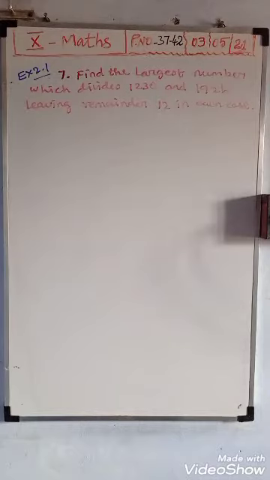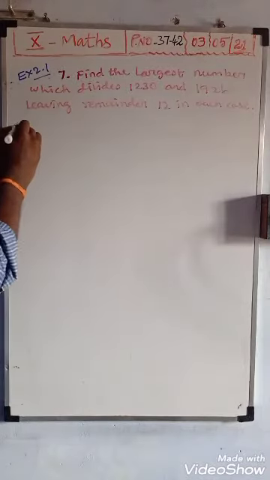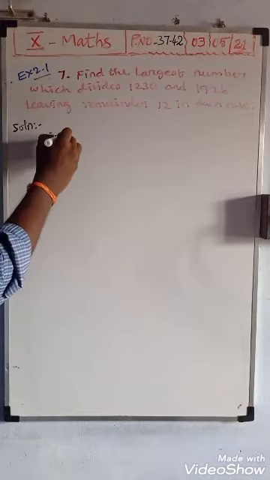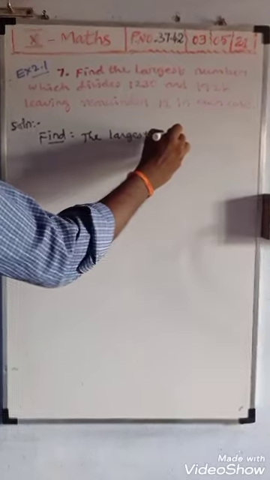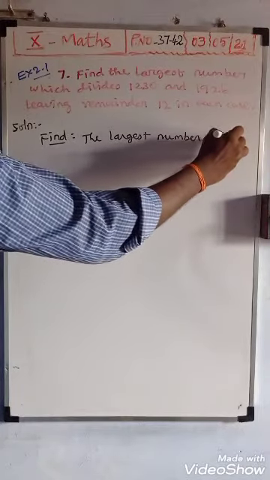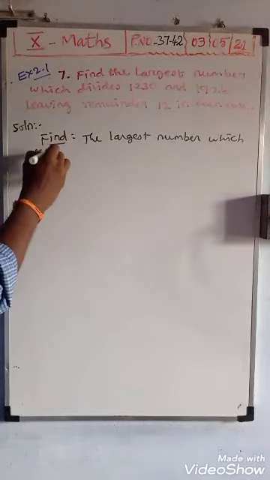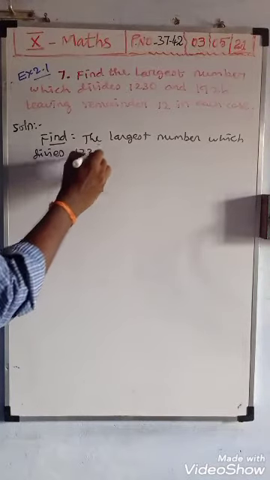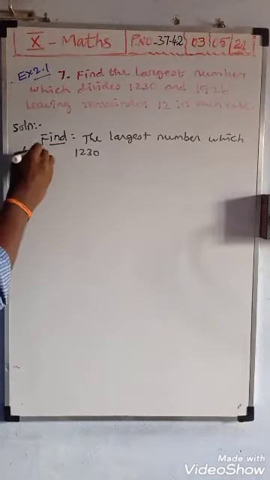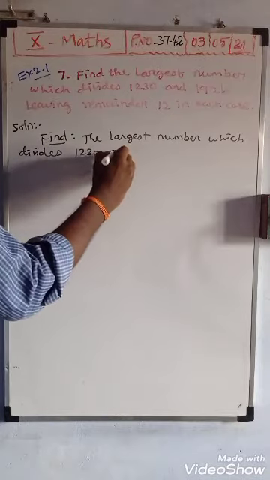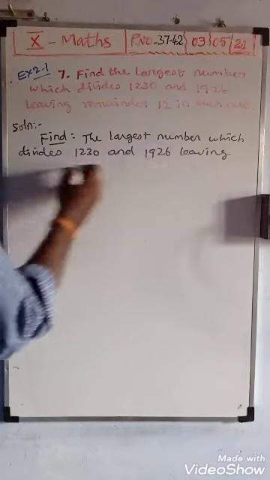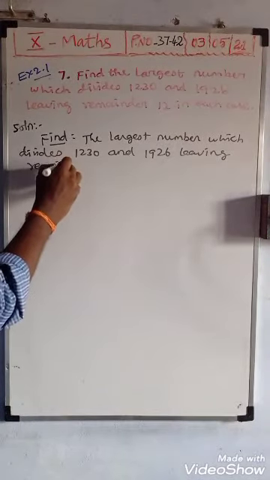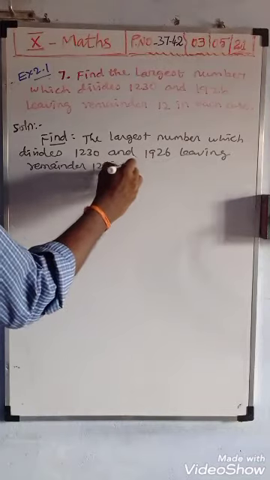So, see the solution. First, we want to find the largest number which divides 1230 and 1926, leaving remainder 12 in each case.